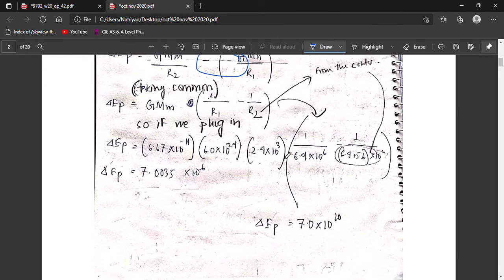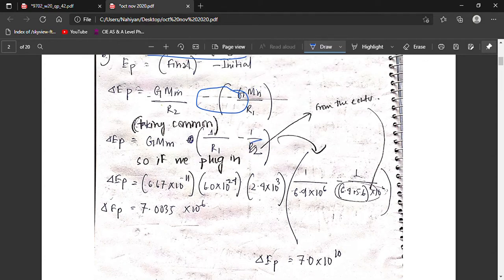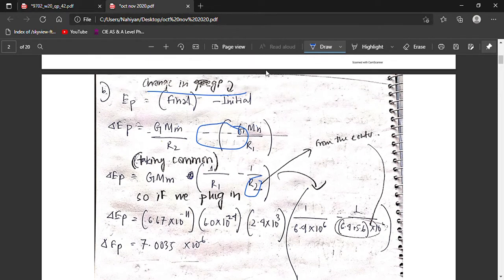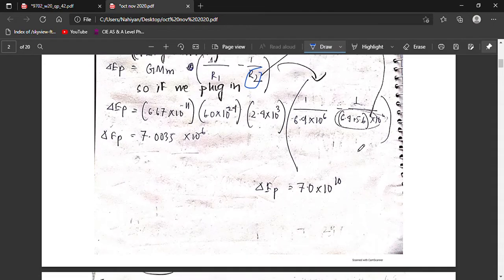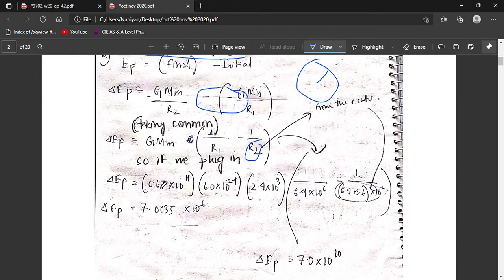Just plug in the values, and note that the r2 you're plugging in is also measured from the Earth's center, so you have to consider the distance from the equator too. The answer comes out to be 7.0 × 10^10 joules.